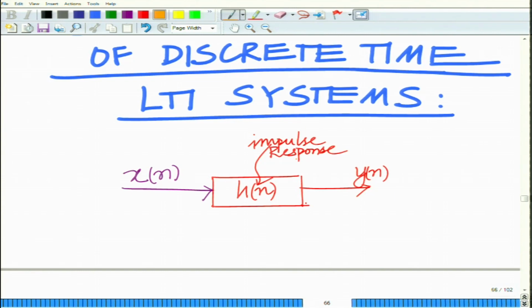So, we are considering an LTI system with impulse response h[n], and x[n] is the input to this LTI system and y[n] is the corresponding output.